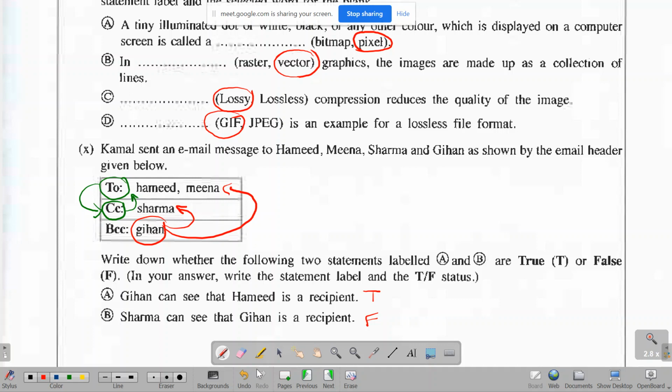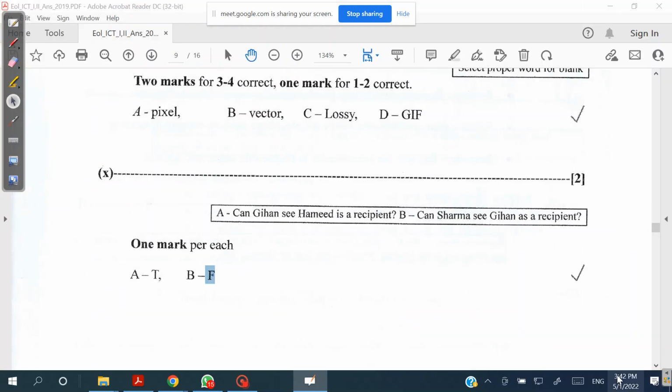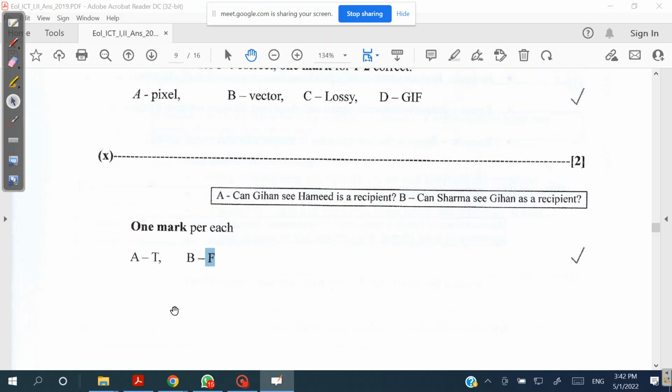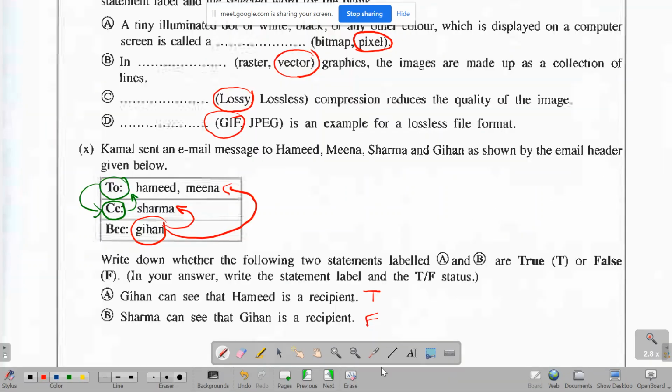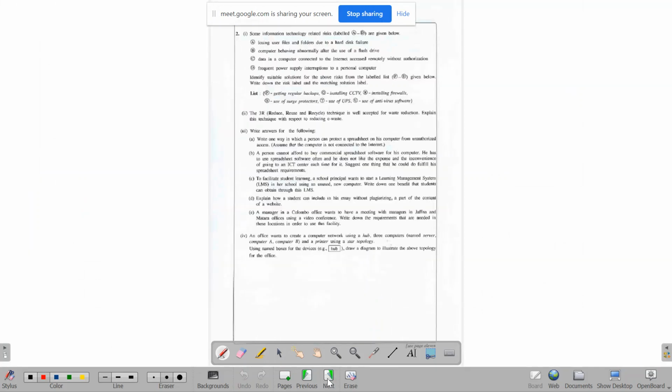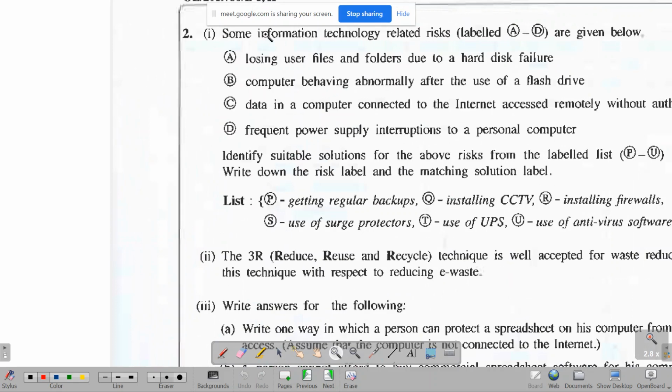Okay, so the marks are being given like 2 marks, 1 mark per each. So see how much you got out of 20. And I'm moving to the next question. Yes, any lucky person who got, not lucky, any brainy person who got 20 out of 20?